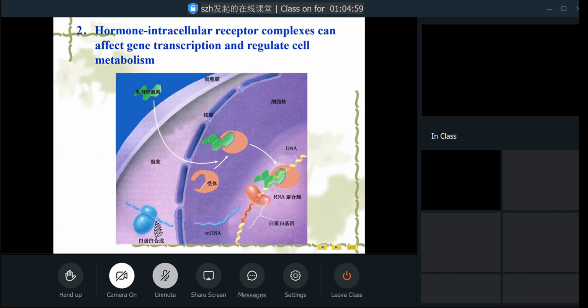Here you can see the hormones directly transported into the cell and into the nucleus, and it makes the genes' transcription or translation.